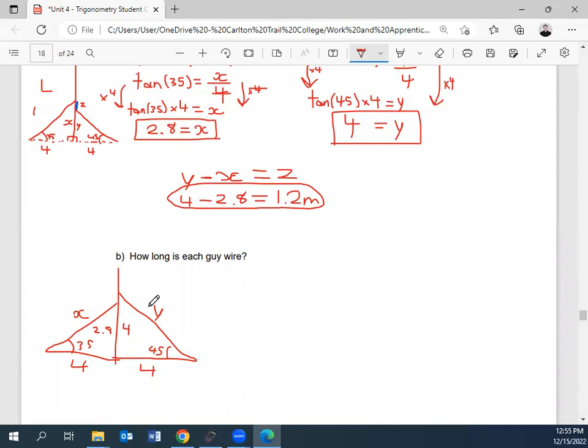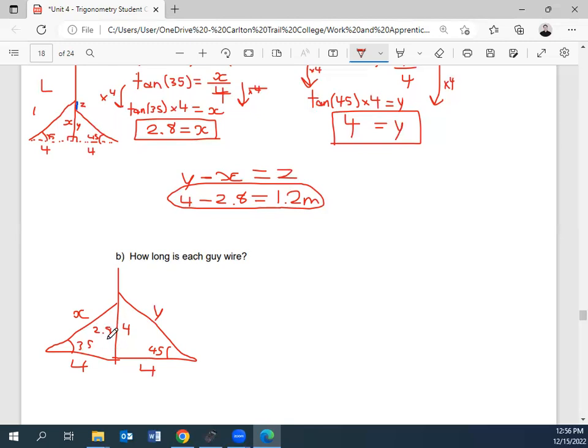Do I use Pythagoras or do I use trigonometry?